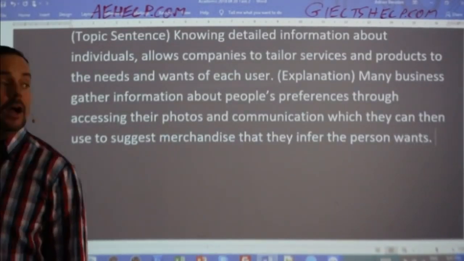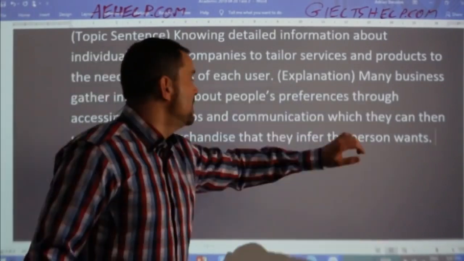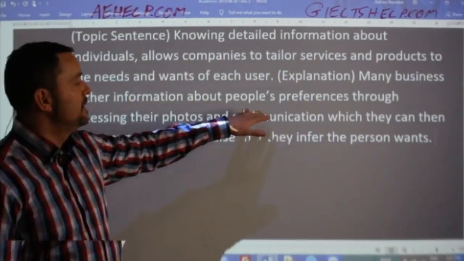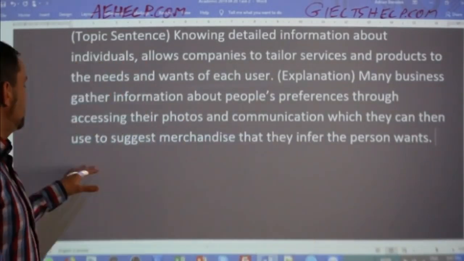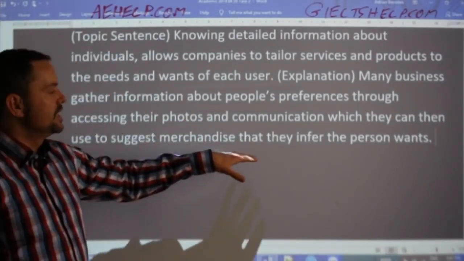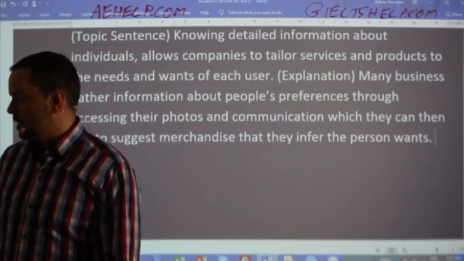Wants, okay? All right, let me read that, make sure it's still okay. Many businesses gather information about people's preferences through accessing their photos and communication, which they can then use to suggest merchandise that they infer the person wants or needs.